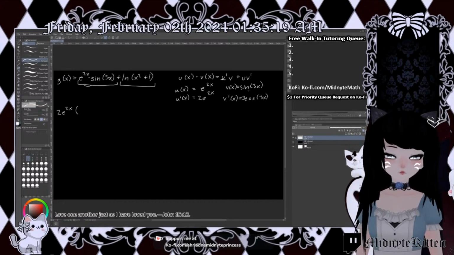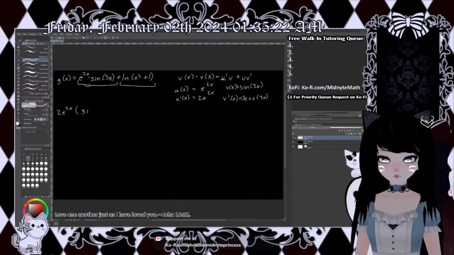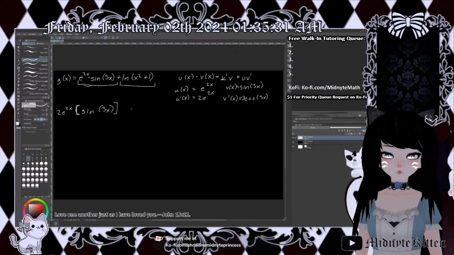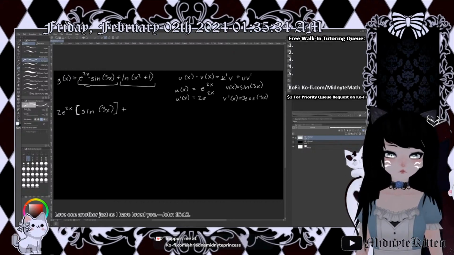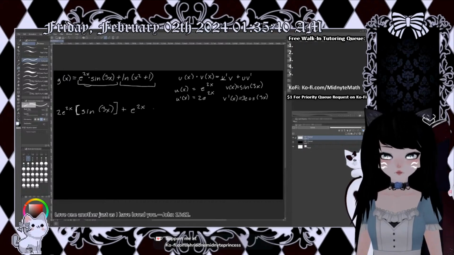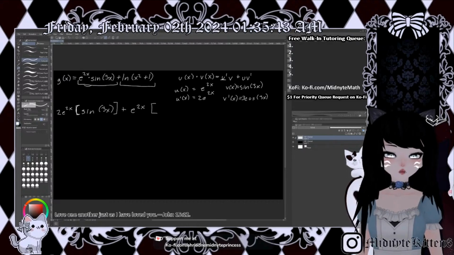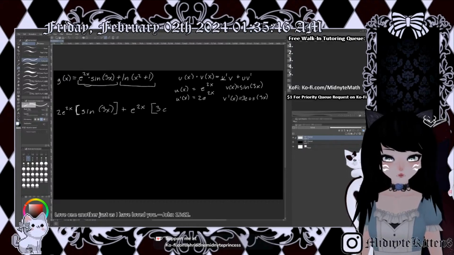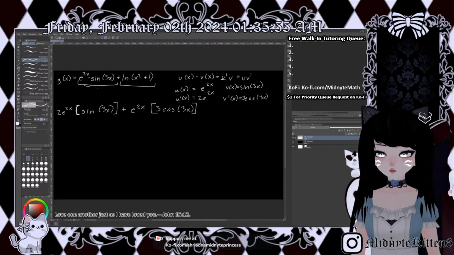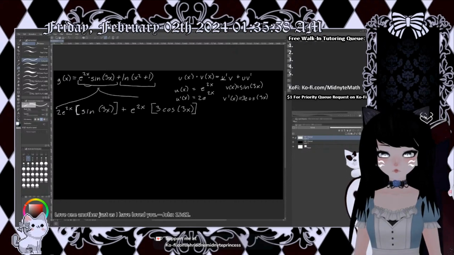In this case, it would be sine 3x. Plus u, which is e to the 2x, times the derivative of v, which is 3 cosine 3x. Okay. And that is just this first portion here, from the first term.